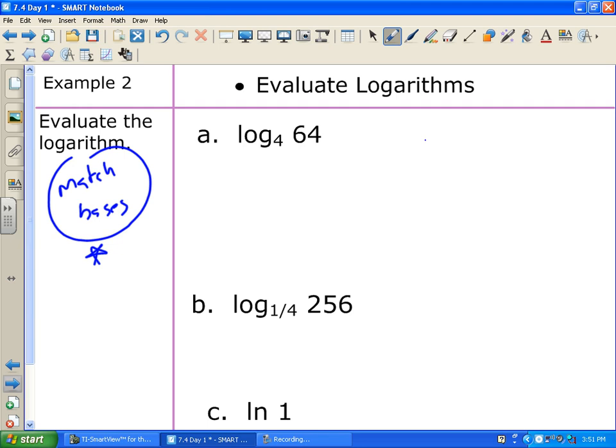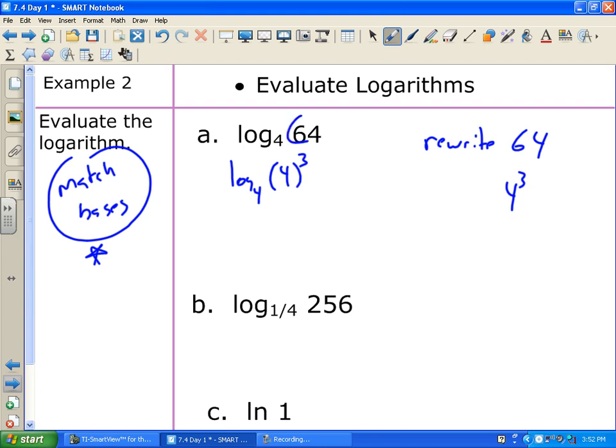I can rewrite 64. And the way that I'm going to choose to rewrite 64, some of you guys actually have this committed to memory, is 4 cubed. 64 is 4 cubed. So I'm going to rewrite this as log base 4 of 4 cubed.